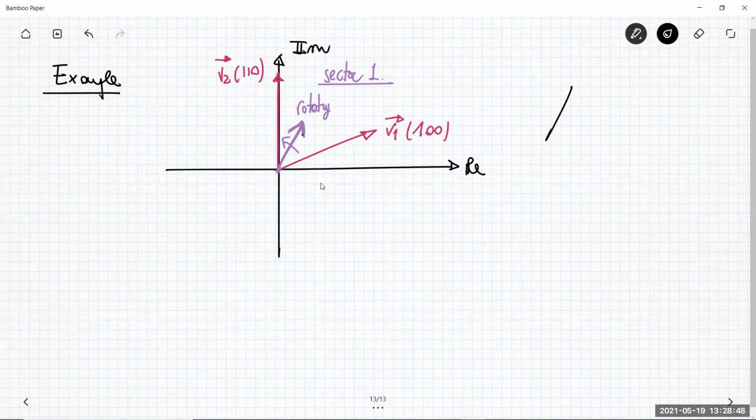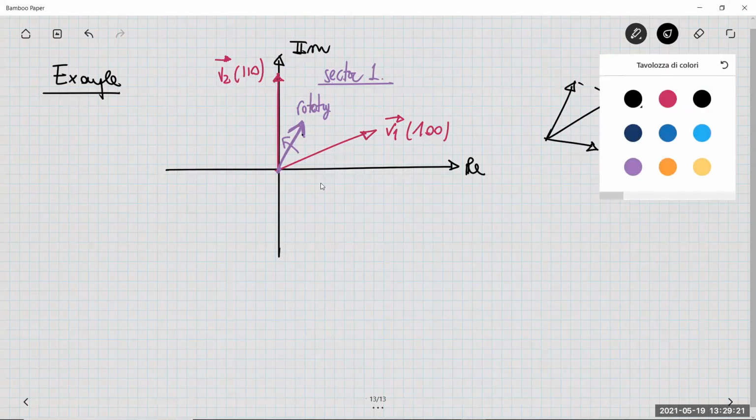For example, the summation of these two provides you this third vector. So generally speaking, using any two space vectors, it is possible to synthesize another one in any position of the complex plane. But what happens here? This purple vector is rotating.